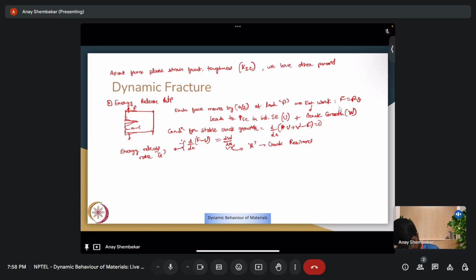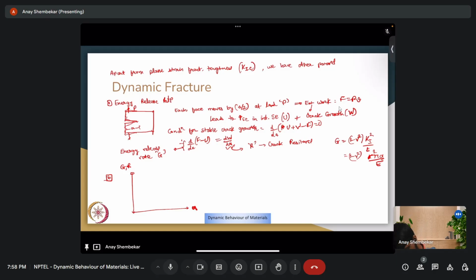And we have the expression G is equal to (1 minus nu square) K1 square by E, which is nothing but (1 minus nu square) sigma square pi A by E. The next factor is regarding energy release and the resistance, so G comma R can be plotted on the y-axis, crack length on the x-axis.